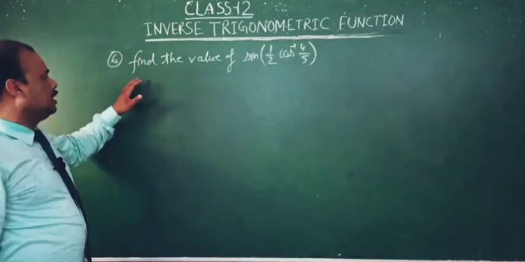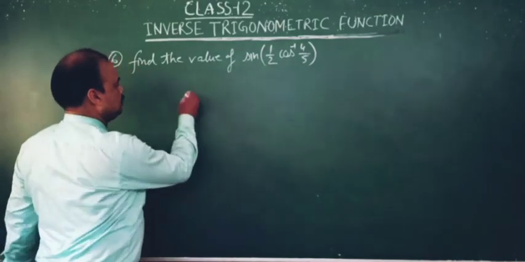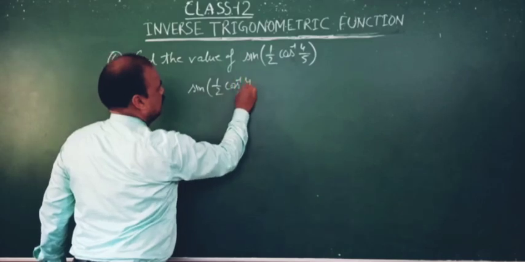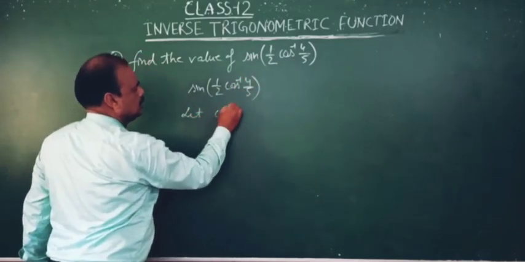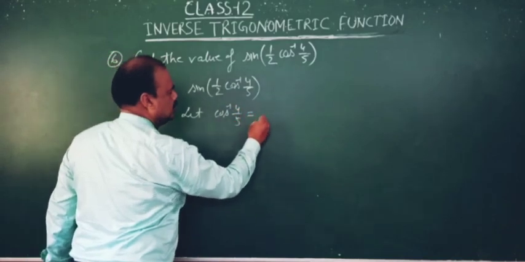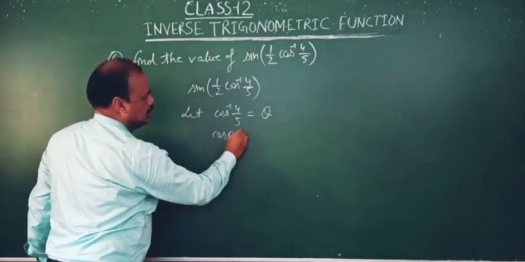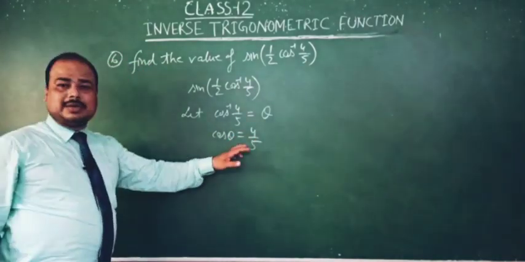One more example, find the value of sine half cos inverse 4 by 5. Let cos inverse 4 by 5 equal to theta. Then cos theta will be 4 by 5. Cos is the ratio of base upon hypotenuse.